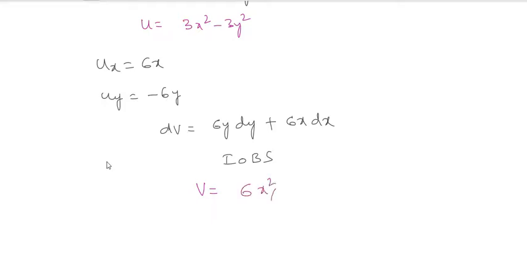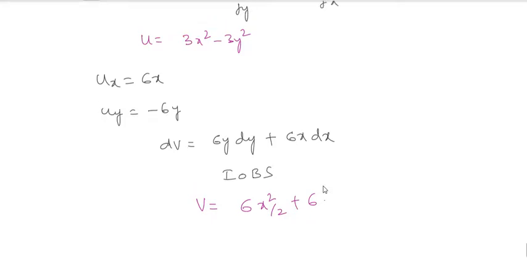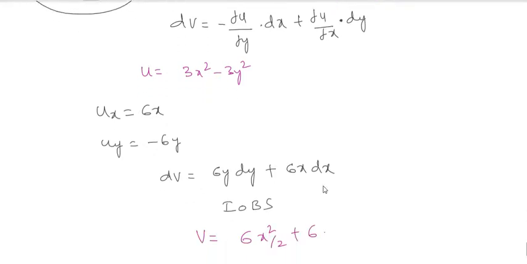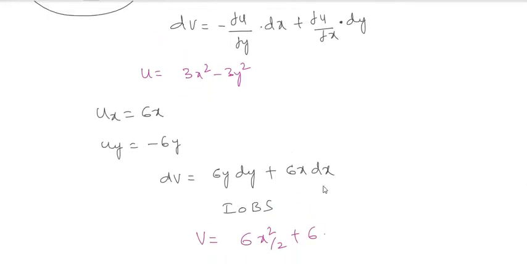So 6 into x square by 2 plus... Mdx plus Ndy only, na? Wait. Again. Sorry, 6y into dx.